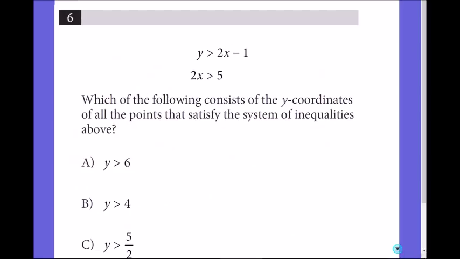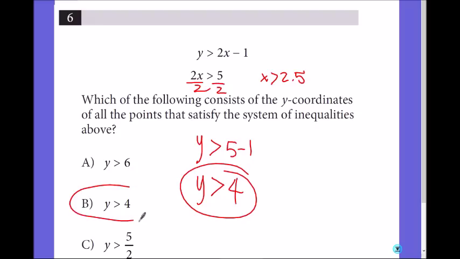Number 6. Which of the following consists of the y coordinates of all the points that satisfy the system of inequalities above? So y must be greater than 2x plus 1, and 2x is greater than 5. When you divide by 2 on both sides, x must be greater than 2.5. So let's put 2.5 there. So y is greater than 5 minus 1, which is 4, right?